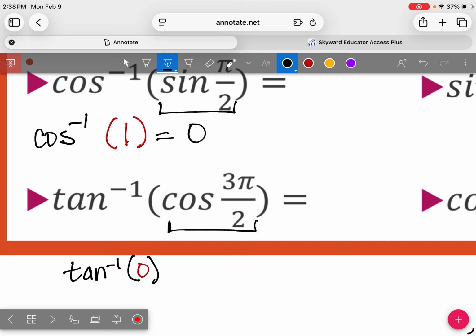Well, we know that tangent is y divided by x, and at 0 degrees, y is 0 and x is 1. So the answer would be 0. That is the angle where tangent has a value of 0.